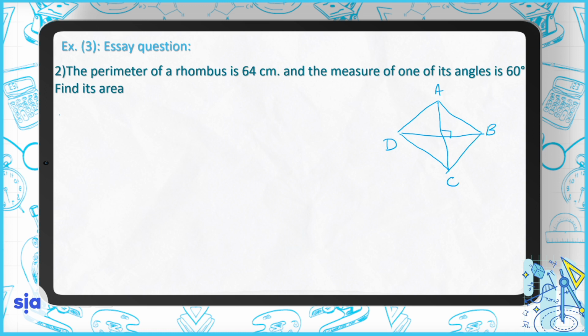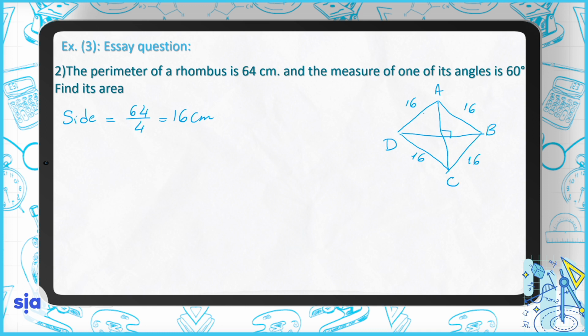Since the perimeter of the rhombus is 64, the side is equal to 64 divided by 4, which is 16 centimeters. So here, each side has a length of 16 centimeters. We know that the diagonal bisects the angle DAB.